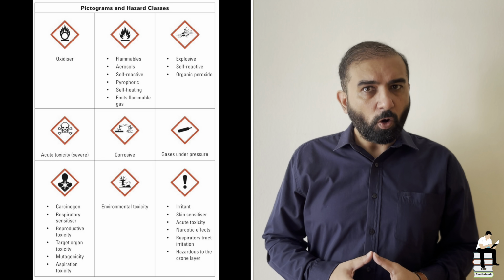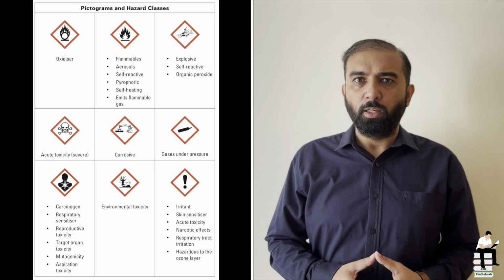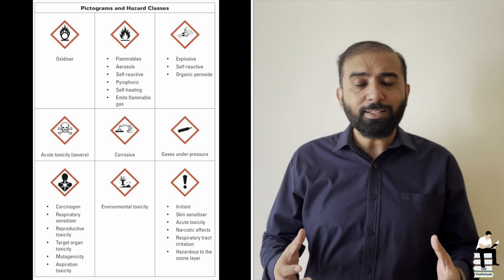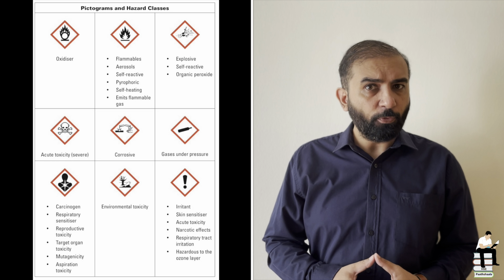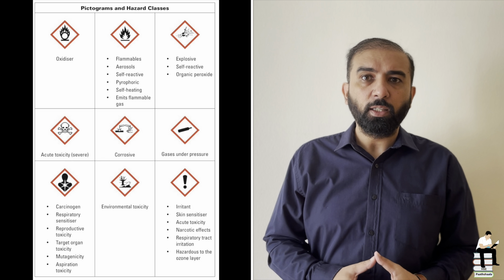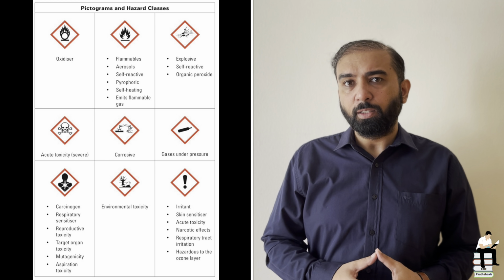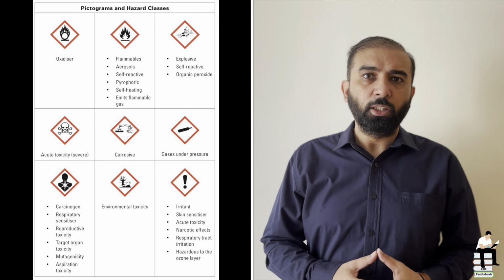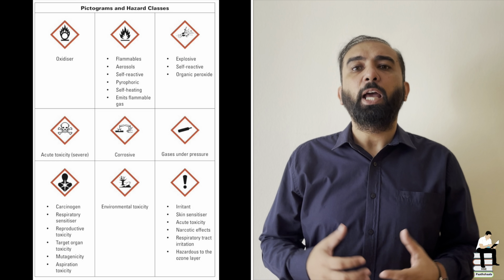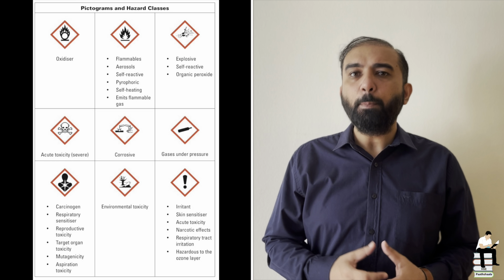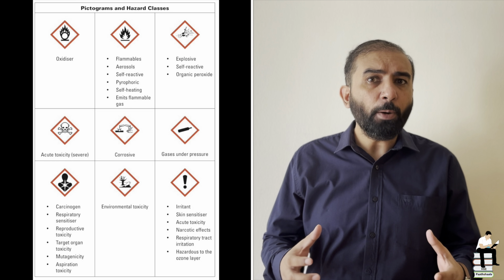Like oxidizer, flammable, explosive, gas under pressure, health effects, acute toxicity, target organ, corrosive to the skin, environment toxicity or impact to the environment. These are the different pictograms that should be there on the labels.